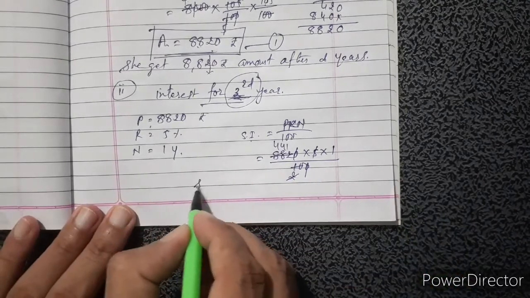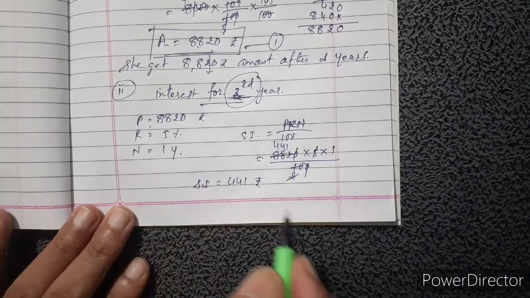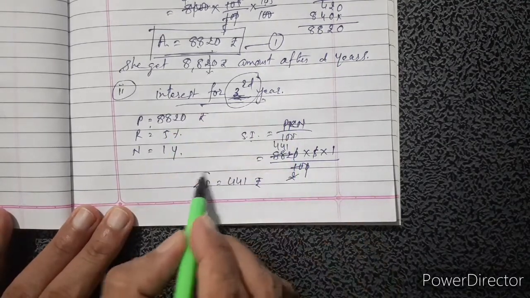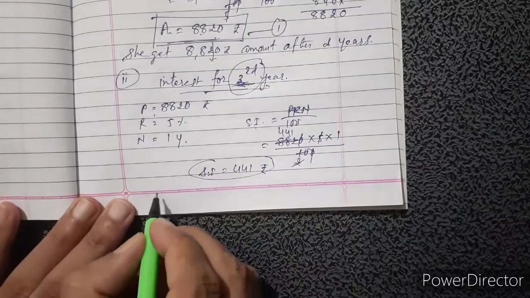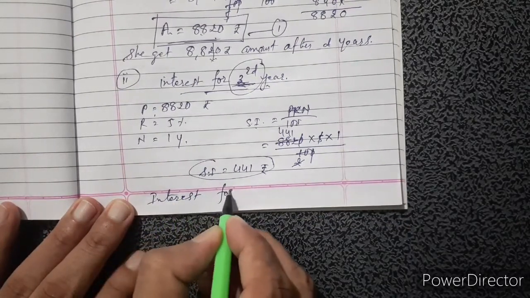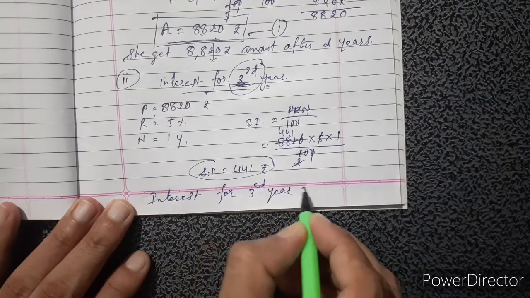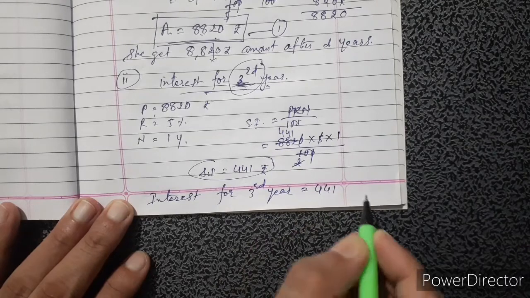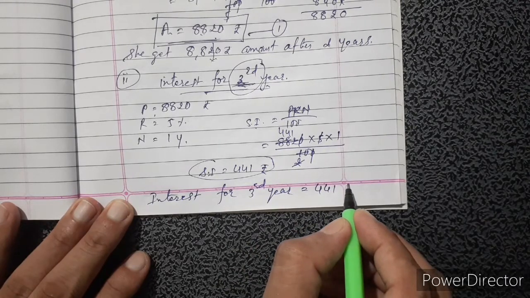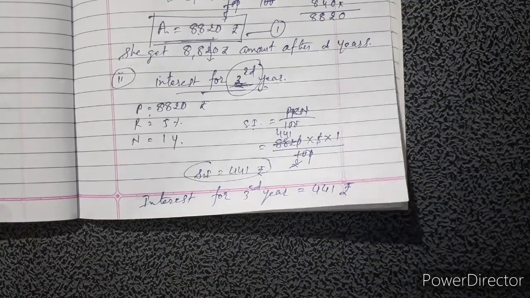So SI equals 441 rupees. And what is the question? Interest for the third year, and that is the interest. So the interest for the third year equals 441 rupees. Okay, next question.